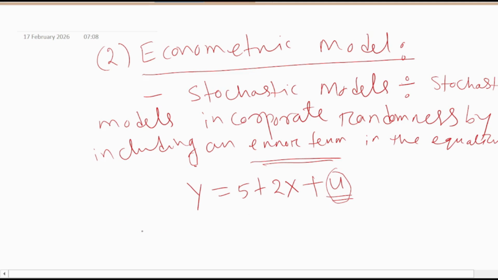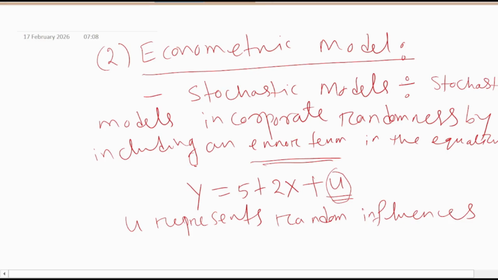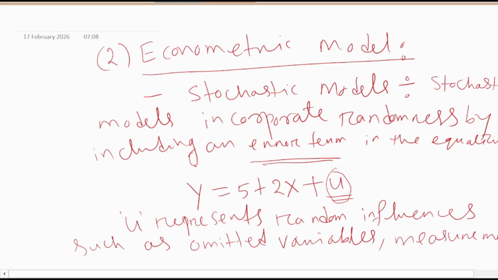Because u represents random influences such as omitted variables, measurement error, and expected shock.